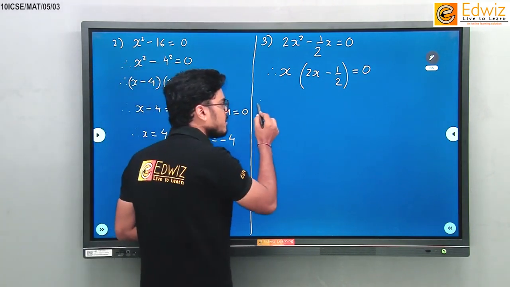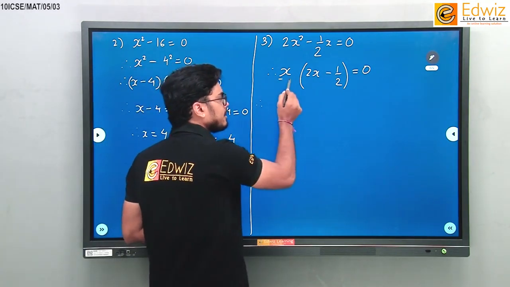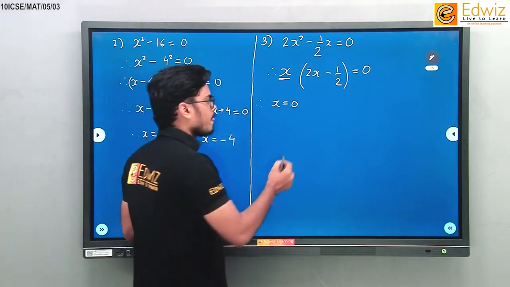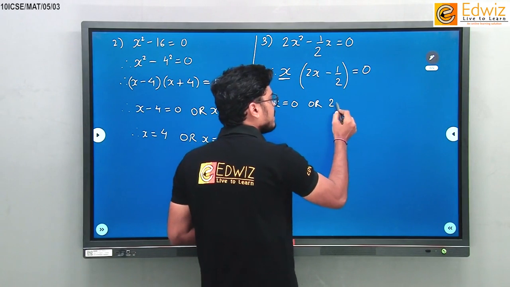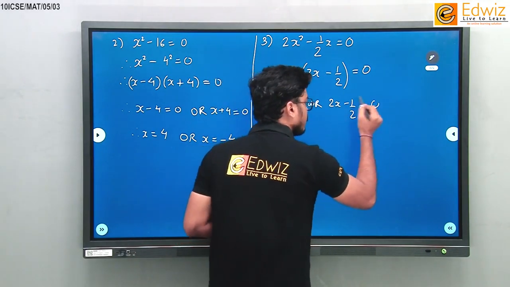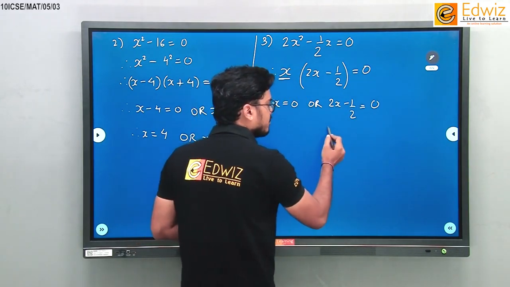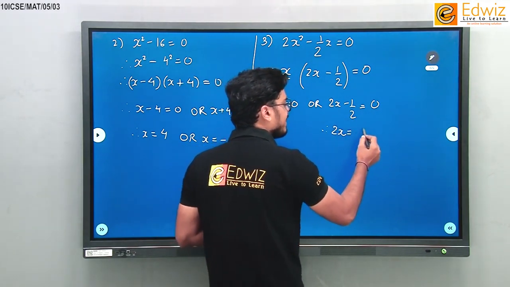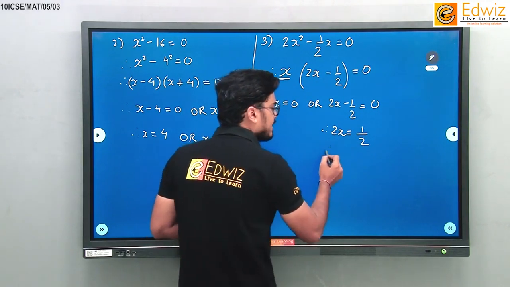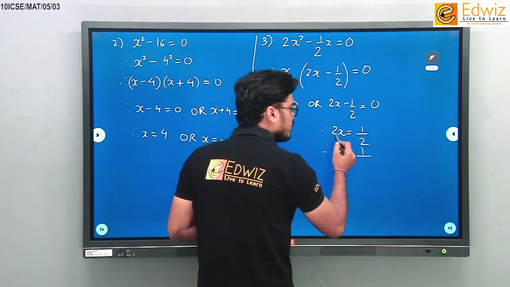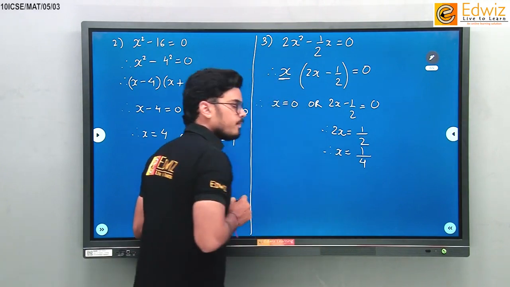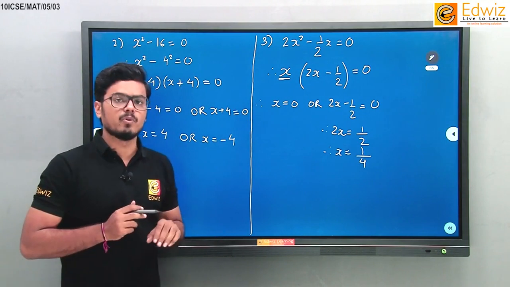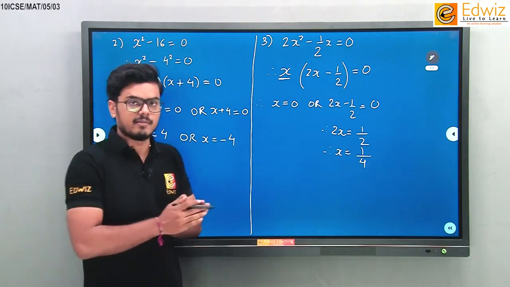That means once again by using the zero product rule, either x equal to 0, correct, and 2x minus half equal to 0. Okay, so let us solve this a little further. 2x will be equal to, take half on the other side, minus half becomes positive half, and x will be equal to 1 upon 2 into 2, that is 4. Okay, so x is equal to 0 or x equal to 1 upon 4. This is the solution of this equation.